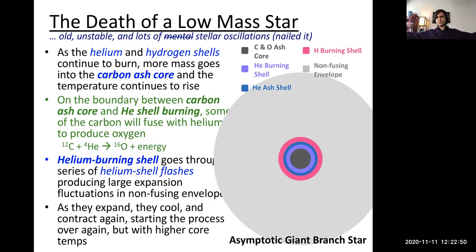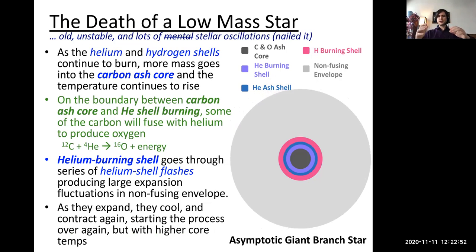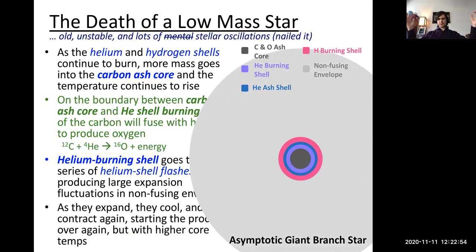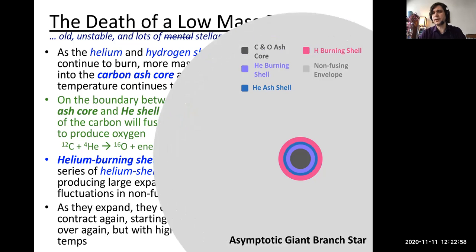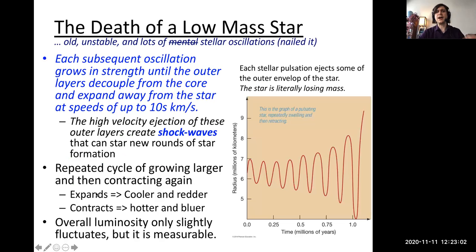Set up a helium flash, expand, contract, expand, contract over and over again, each one of these cycles of expansion becoming a little bit stronger than the previous one. So you'll see these oscillations, and the y-axis here is radius, how big the star is, and this is time.